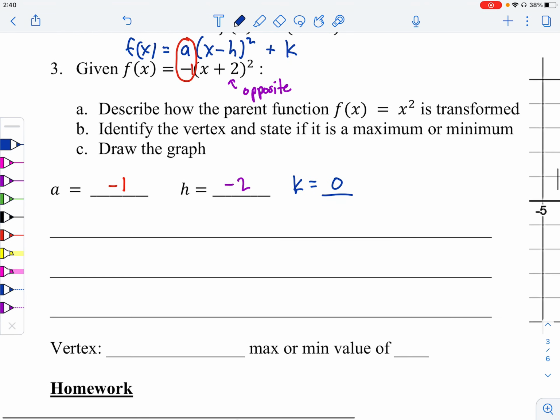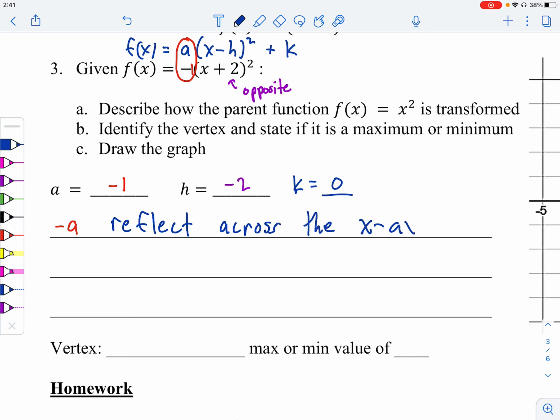And we fill in our information. So we have a negative a now, right? So negative a here. If it's a negative, it's going to reflect across the x-axis. Next, we're taking the absolute value of a. The absolute value is a positive version of our -1, which is +1. So we multiply everything by 1, we get back itself.